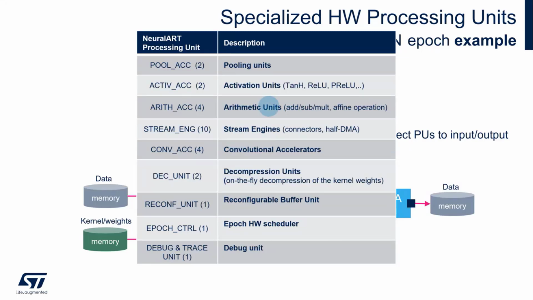And why? Because there are some specific processing units, and mostly computational ones, that have been selected, and others that have not been selected. So we can see that we have two pooling units, two activation units, some arithmetic units, so for addition, multiplication, subtraction, etc., and affine transformation, and some more connection units for the stream engine.